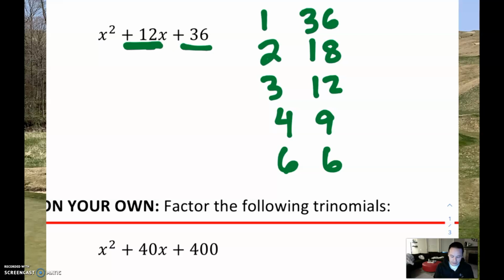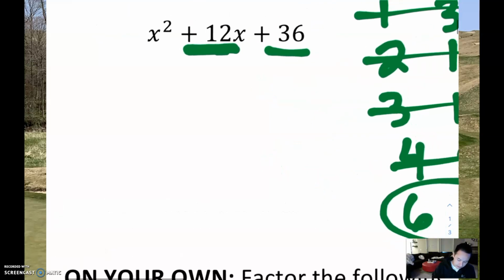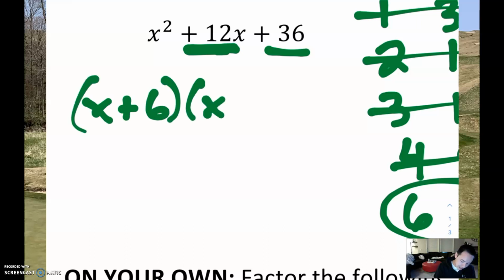So 1 and 36, 2 and 18, and we get to this one, 6 and 6. So in order to factor this, 6 plus 6 makes 12. We're good to go. It will be x plus 6 times x plus 6. And you might think you're done, but there's still one more step that we have to take.